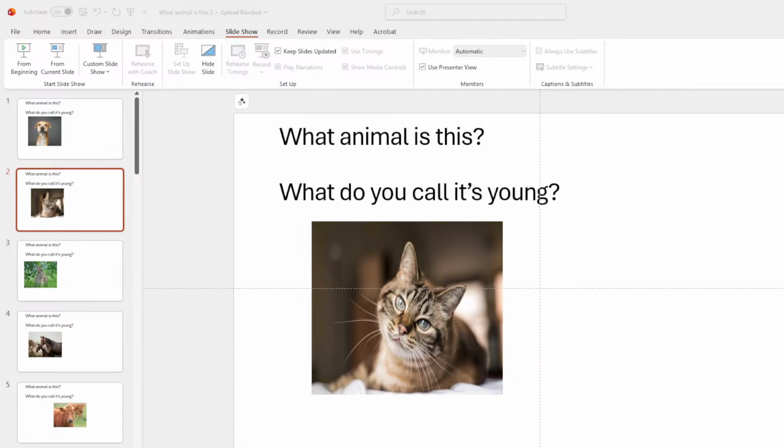All right, so join in the chat. What do you call the animal on the screen? All right, so that animal that you can see on your screen, this one is not working. I apologize for the glitch.